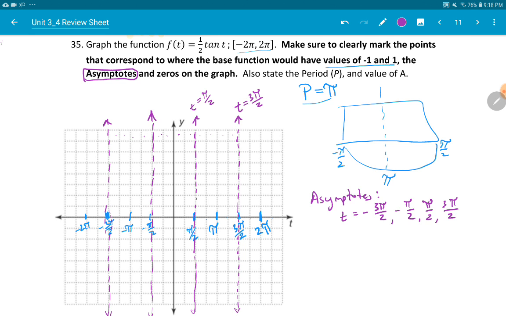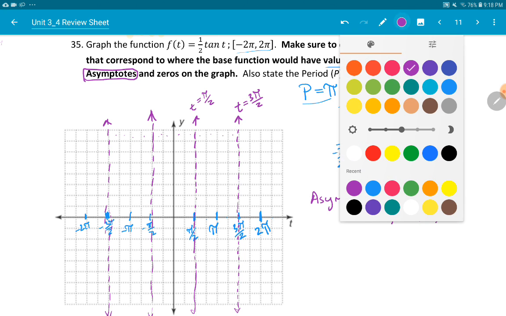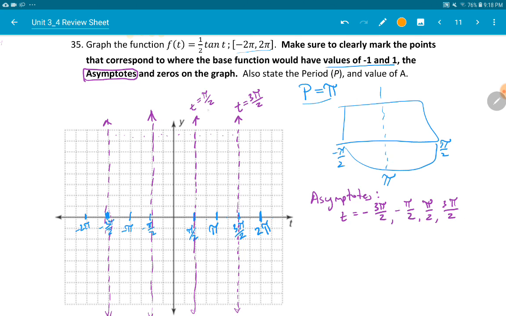All right, next thing is our zeros. Our zeros are going to be halfway between the asymptotes. So there's a 0 in the halfway mark there. For tan, if there's no shift, then there's going to be a 0 at the origin, and halfway between each of the asymptotes. And remember, there's an asymptote over here that we didn't draw since our graph actually ends there.